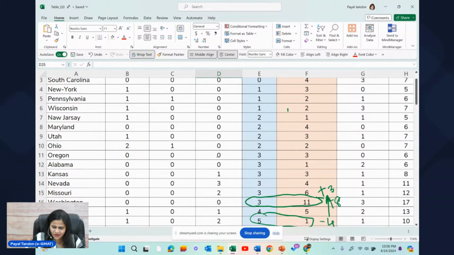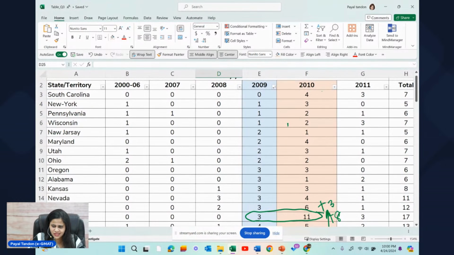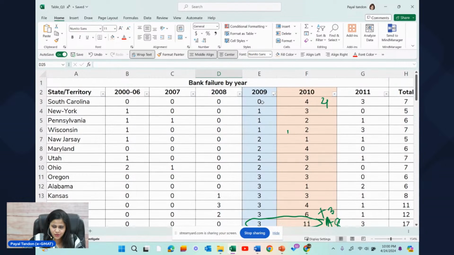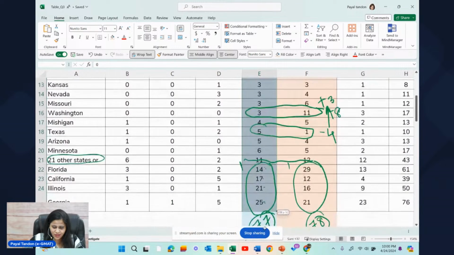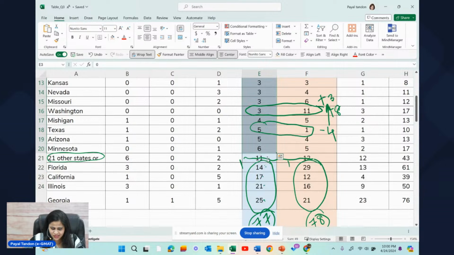Now here you have very little difference, right? When you come over here, there are very few differences, and here there is 4. So overall, when you're just mapping these numbers, you are seeing that 2010 has a much bigger total as compared to 2009. And over here you can actually verify that as well. Again, you'll have to remove this 11.